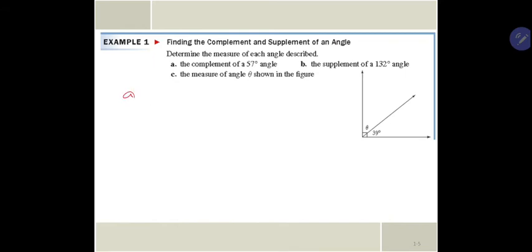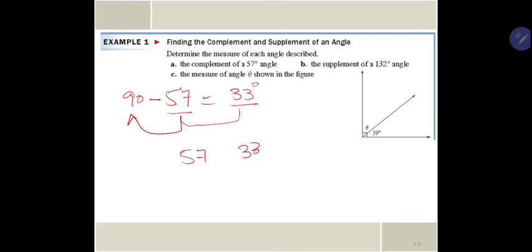So easiest way is 90 minus 57, that would be equal to 33 degrees, because remember, 33 plus 57 add up to 90, and that's what we discussed. If we have angle 57, then what will be the complement of this angle? Of course 33, because these two add up to 90 degrees.